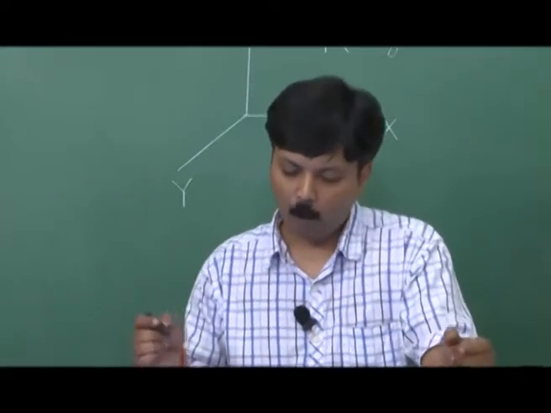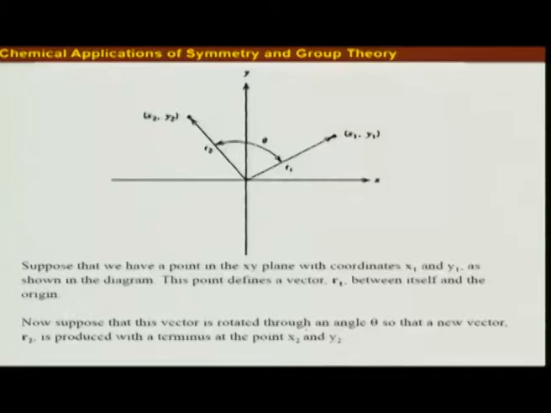So suppose we have a point in the xy plane whose coordinates are x1 and y1. That's what is shown in this particular diagram. So I have this particular point to start with. This point is described by a vector r1, and this r1 traverses the distance from this particular point to the origin, right? Now suppose that this vector is rotated. I give a rotation like this, and the angle of rotation is theta.